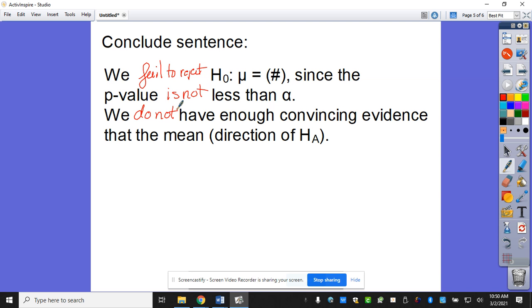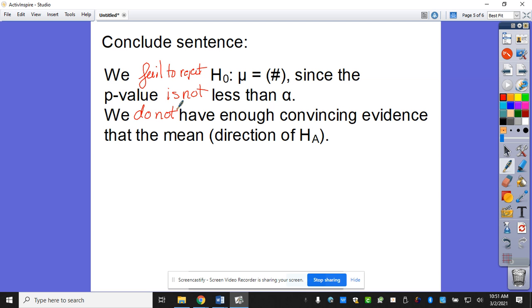So any questions with just the terms p-value, alpha, and our conclusion sentence? How do we get p-value? Where do we get p-value from? Maybe I haven't completely made that connection. Where do I get alpha from?